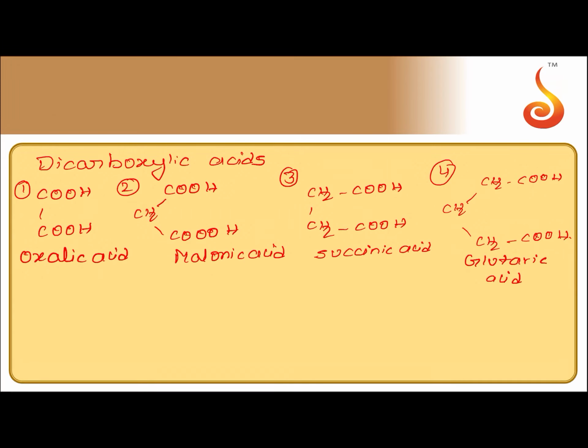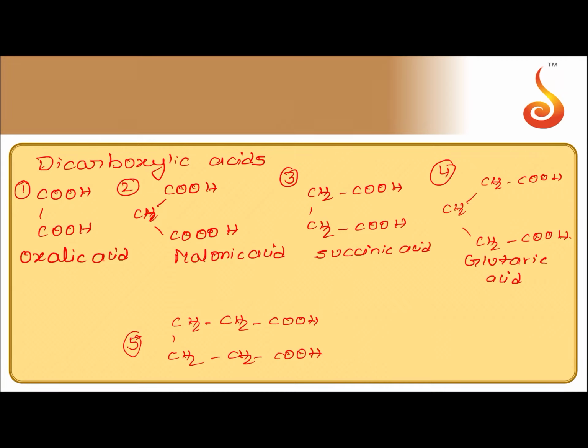Okay, let us first write the names of these compounds. I want to explain one more compound, the fifth compound, CH2, CH2, CH2, CH2, COOH. Now, if there are only two COOH groups, then what is the common name?